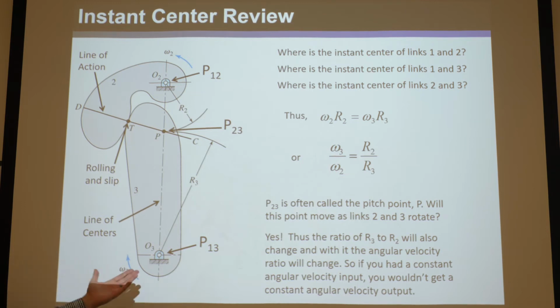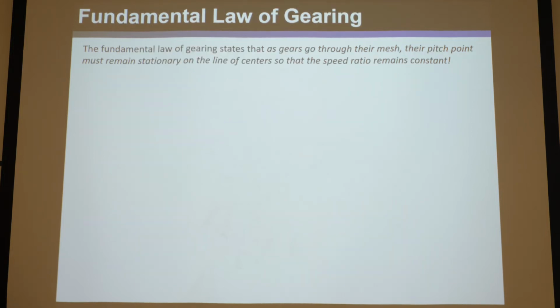In this case, it would be O3. But because the pitch point is going to move, and because the ratio R2 to R3 and omega 3 to omega 2 is going to change, if you put a constant angular velocity into 2, you're going to get a changing angular velocity of 3. And that will violate what's called the fundamental law of gearing.